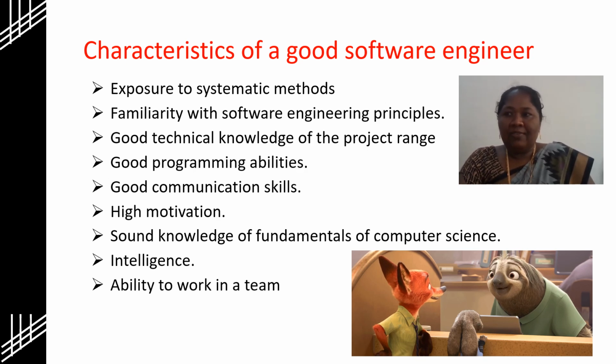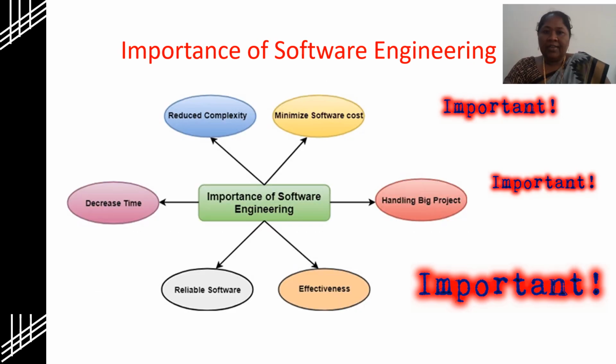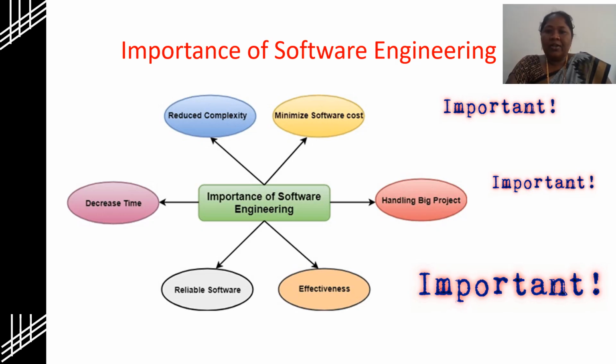So far, whatever we have learned is about what software engineering is, what software is, what a program is, and what the different characteristics of a software engineer are, and what other things are important in software engineering. When you are going to handle a big project, while you develop it, you have to minimize the software cost, reduce the complexity, and reduce the development time.